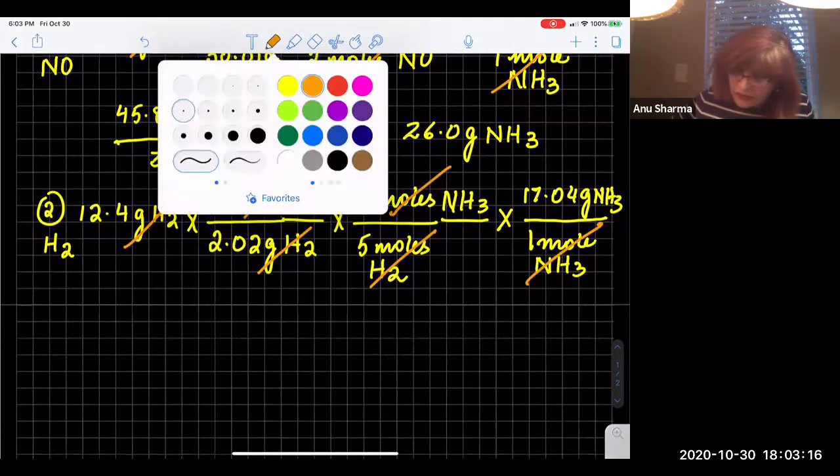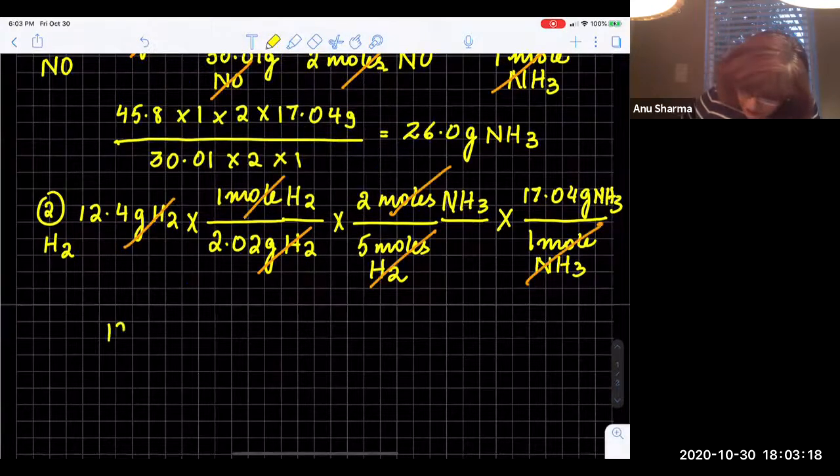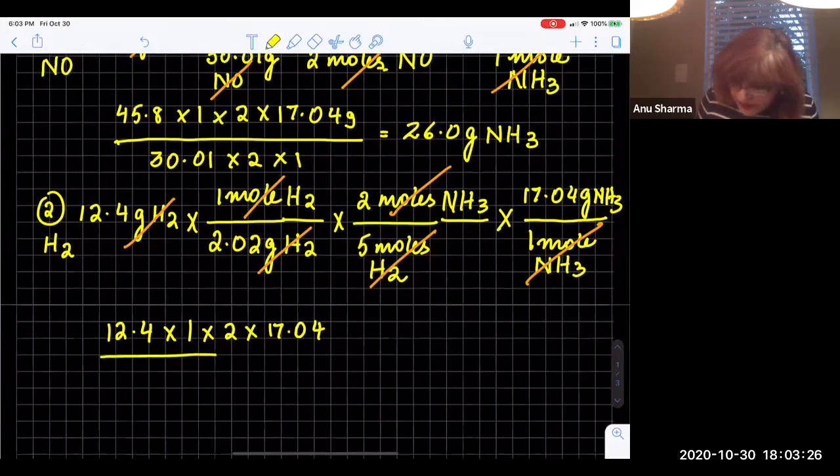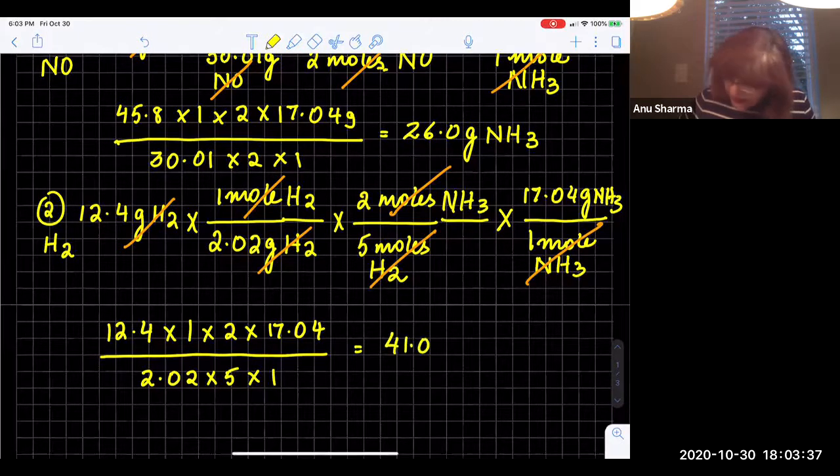So now we do the calculations, which is 12.4 times 1 times 2 times 17.04 divided by 2.02 into 5 into 1. And this gives you 41.8 grams of ammonia.